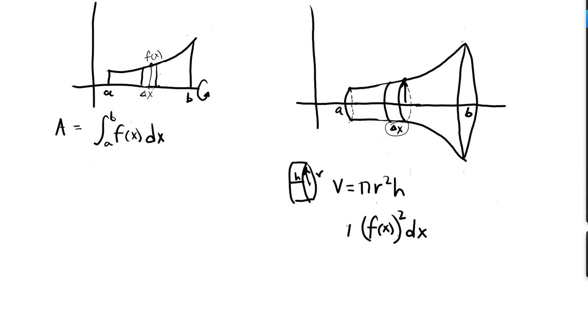I multiply that by pi, and then I need to take care of the length of this revolved solid, which is going from A to B. So that's my basic formula for the volume of a solid obtained by rotating the area under a curve around the x-axis.